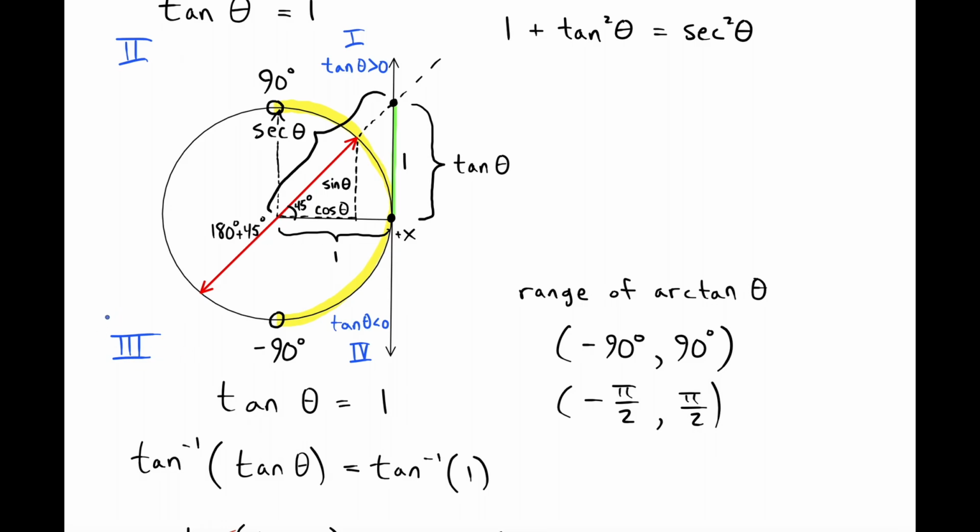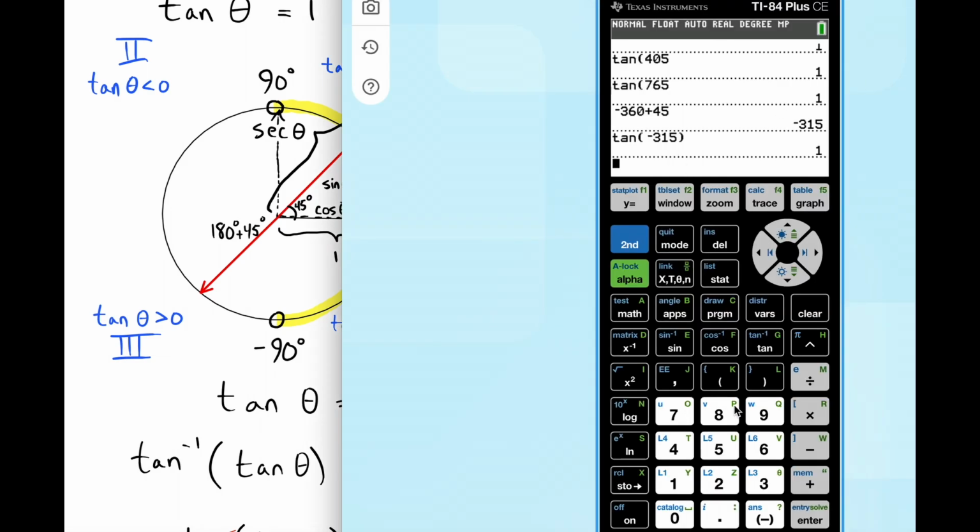What we're going to have in quadrant 3 is that our tan of theta will also be positive there. And in quadrant 2, tan is negative. So let's try plugging in a tangent of 180 plus 45. It's also 1.